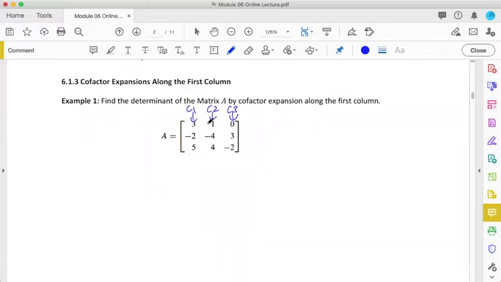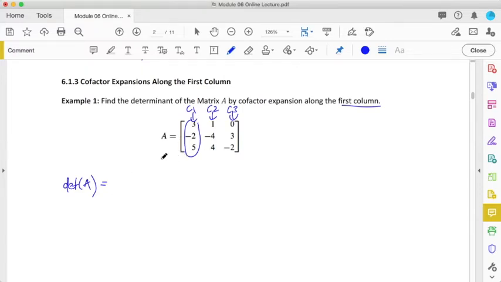Okay, so we will apply a cofactor expansion along the first column. So this is the first column. So to find the determinant of A, we apply cofactor expansion along the first column.